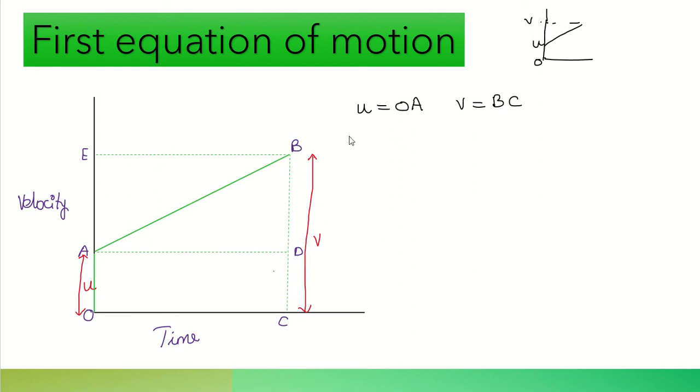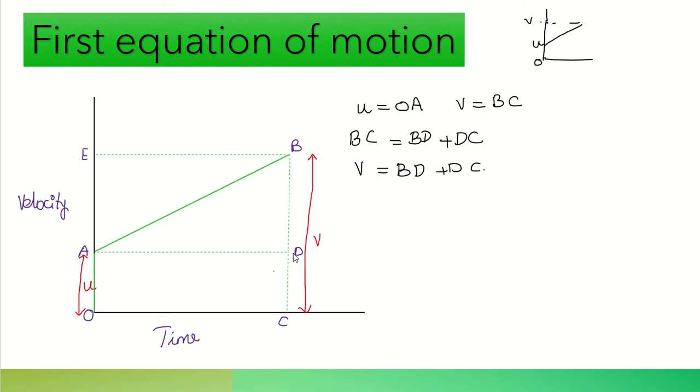Observe what I'm going to do. BC is equal to BD plus DC. Clear? So BC is final velocity, so we can write v is equal to BD plus DC.